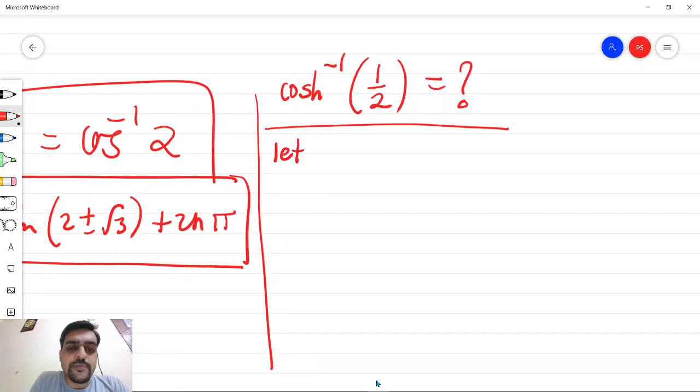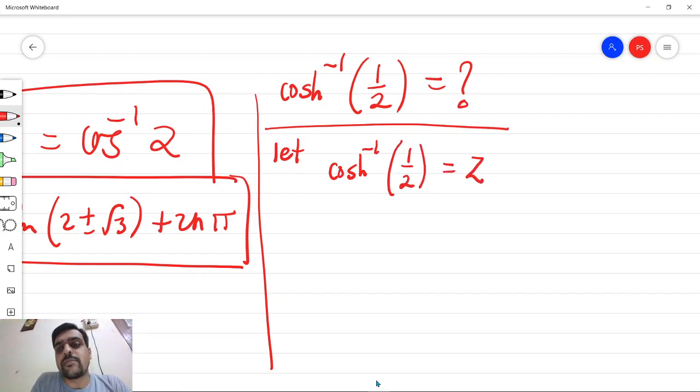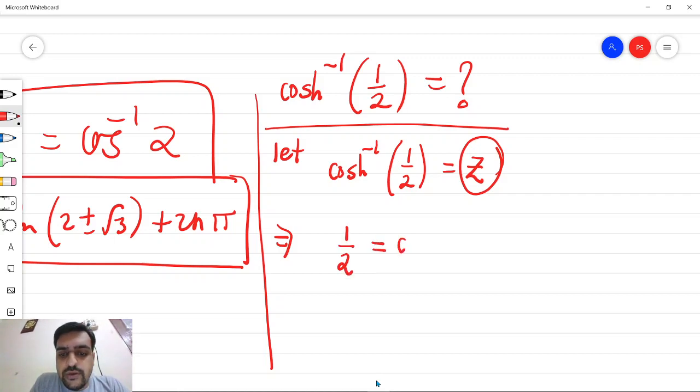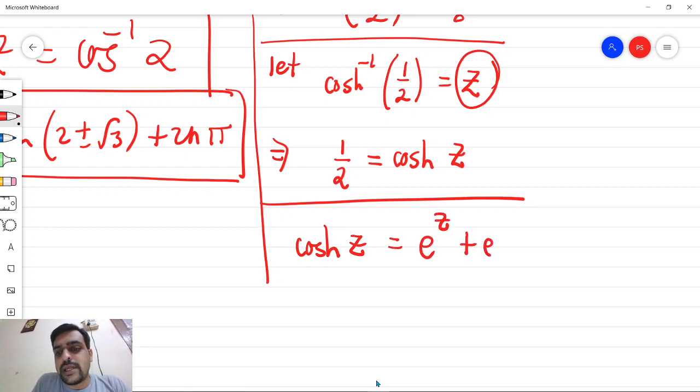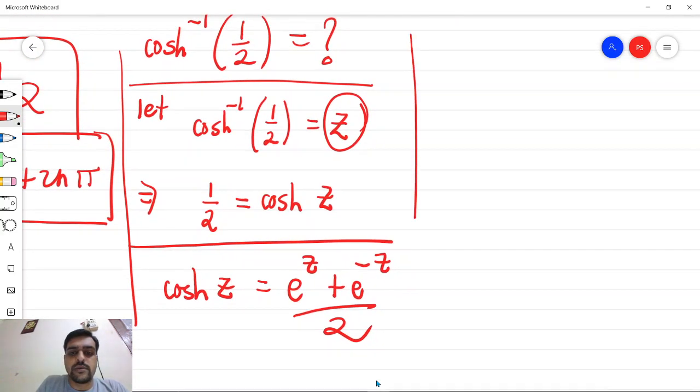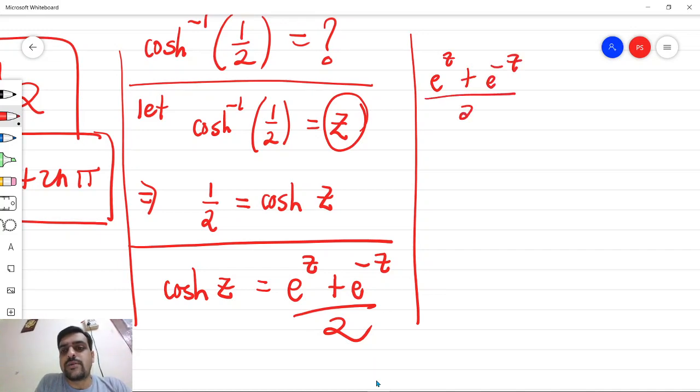So let us assume that cos hyperbolic inverse of 1 by 2 is a complex number z, which means we need to find the value of z, and which also implies 1 by 2 equal to cos hyperbolic of z. Now we have to recall the formula for cos hyperbolic of z, which says it is equal to e raised to z plus e raised to minus z, whole divided by 2. So e raised to z plus e raised to minus z divided by 2 is half.